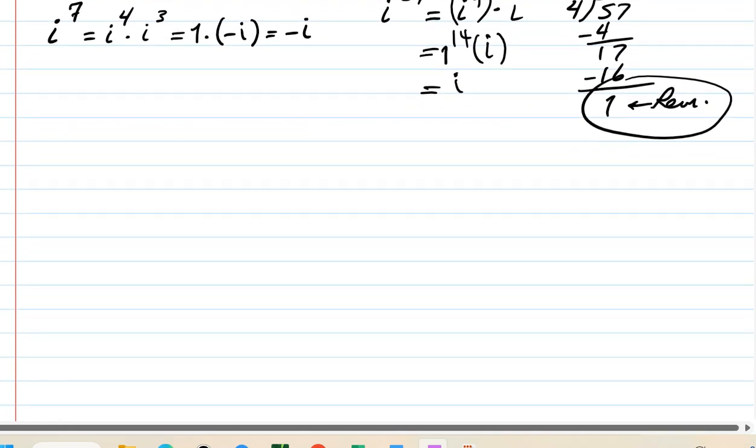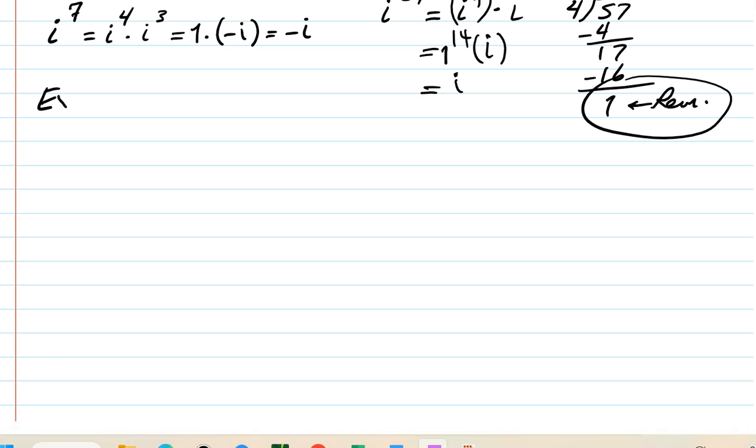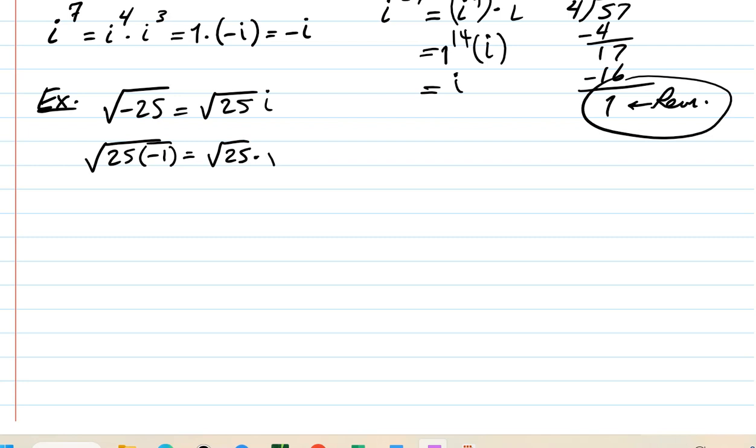Now let me make up some examples. And let's take a look at these examples together. So for example, let's say I want to find the square root of negative 25. I can write this, by the way, and this is usually what we do, as root 25 times I. Why? Because I can write this as 25 times negative 1 and use the product rule of radicals.